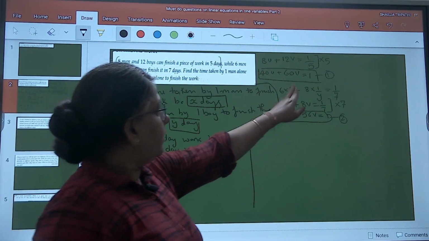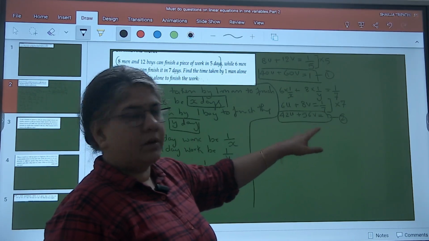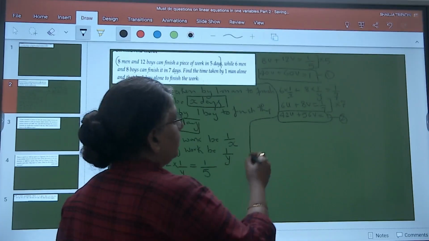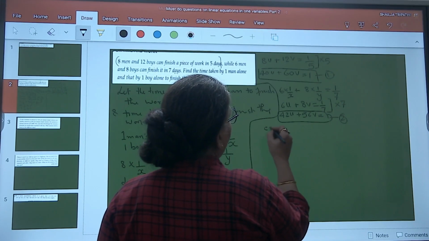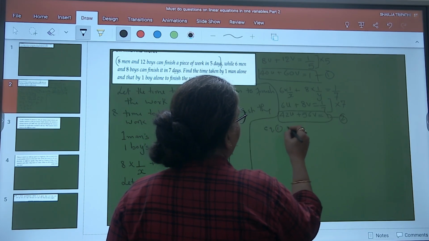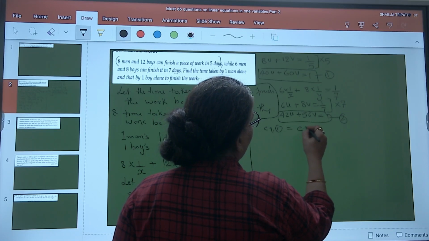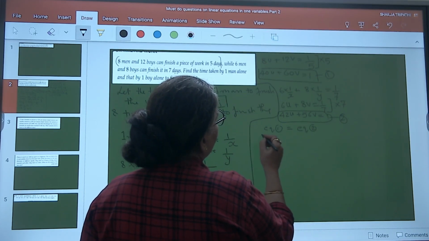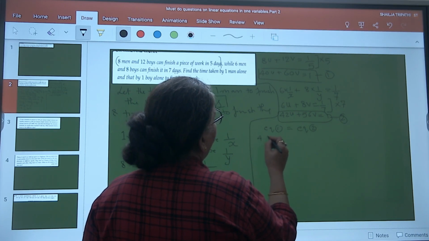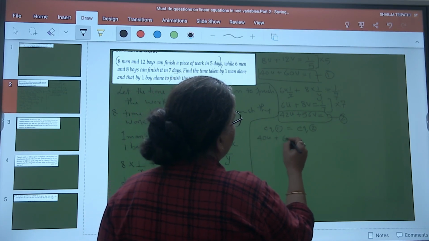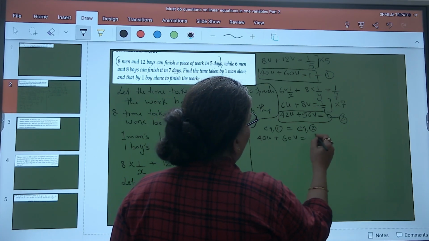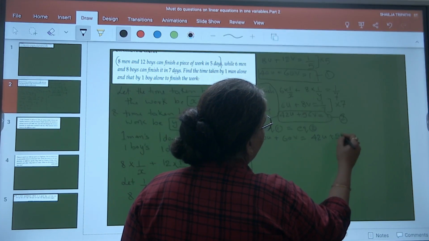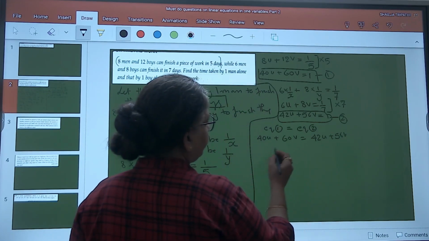Now see, both the equations are equal to 1. Hence we can write equation 1 is equal to equation 2. Since both the equations are equal to 1, hence we can write 40u plus 60v is equal to 42u plus 56v.